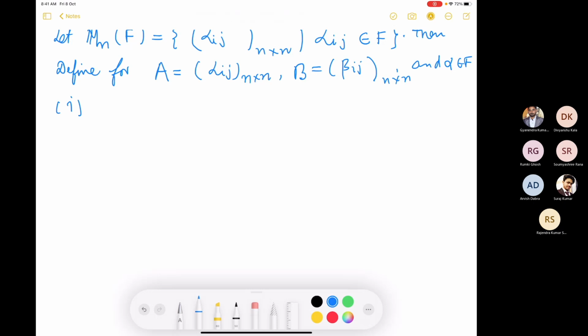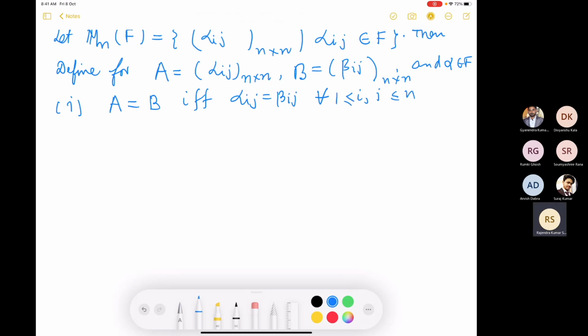Number one. The matrix A is equal to B if and only if alpha ij is equal to beta ij for every i and j, 1 to n.